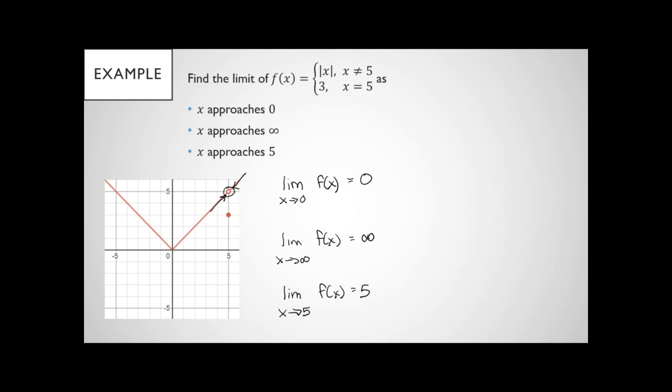So the limit sometimes is not the same as the function value if you have holes, or in this case, this is called a discontinuity. So x equals 5 is a discontinuity. And you want to pay attention to where the graph is going, not the actual value at 5.